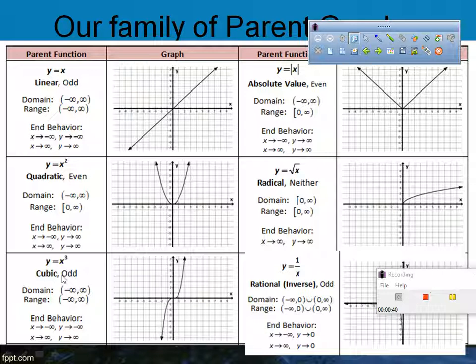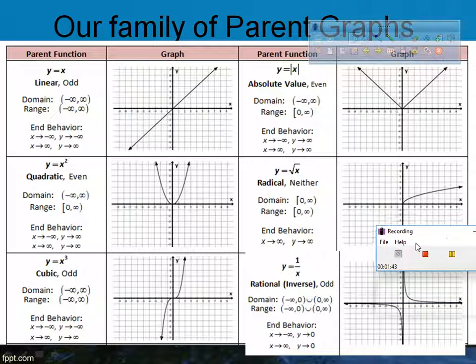We never called it a cubic, but it's whenever you have a degree of 3. So for example, x to the 3rd. That's my basic parent function. It's called the cubic. And here's what its shape looks like. It kind of looks like a weird S, but it's basically this shape right there. Now again, we're going to take all 6 of these shapes and we're going to move them around, like move them left, right, up or down, stuff like that.